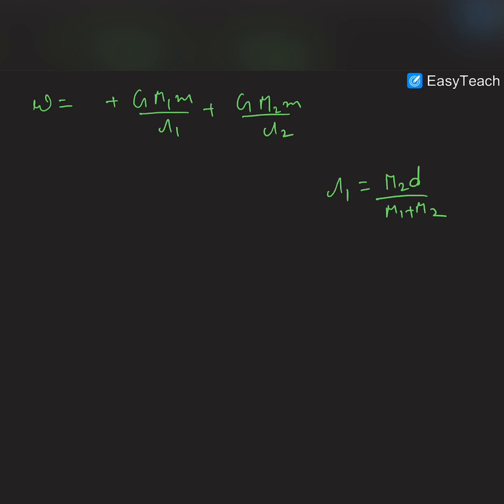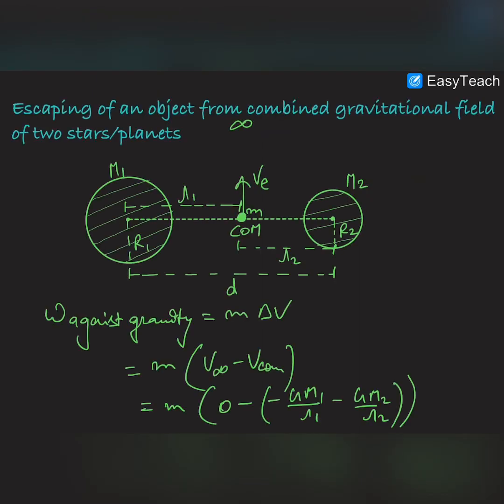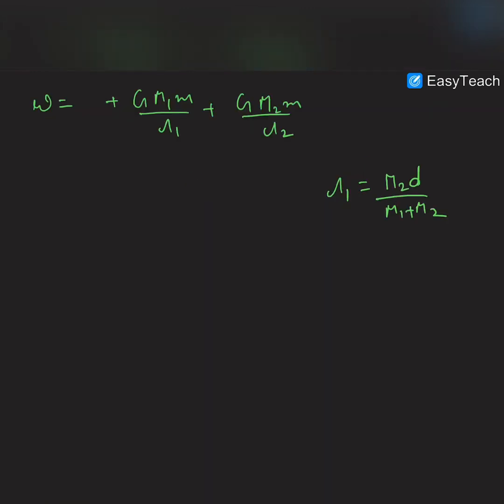We know that the center of mass is proportional to the other mass. The distance of the center of mass from mass 1, r1, is proportional to the other mass, because as this mass increases, this COM would move towards this mass and r1 will increase. So r1 is proportional to m2. So r1 is this, and r2 is m1 d upon m1 plus m2.